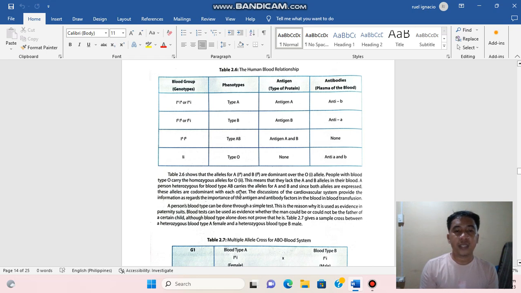Blood tests can be used as evidence whether the man could or could not be the father of a certain child, although blood type alone does not prove that he is. There are more ways, but blood typing is one to prove who the father of the child may be.